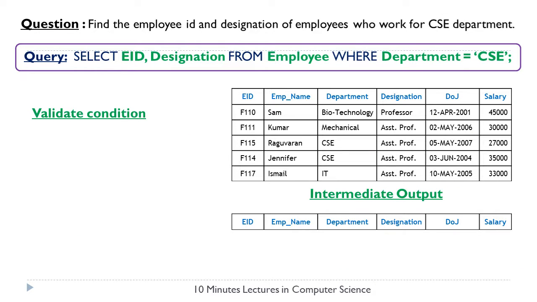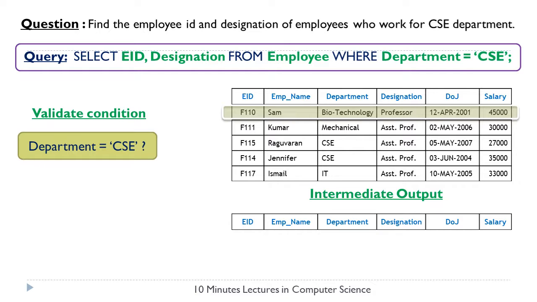The query validates every record of the employee table with the condition department is equal to CSE. This checks every record's department value. If the value is CSE, the query includes that record in the result set, otherwise not.